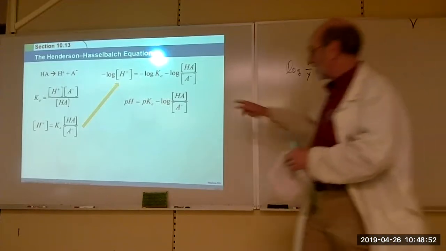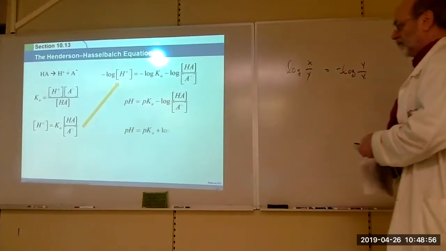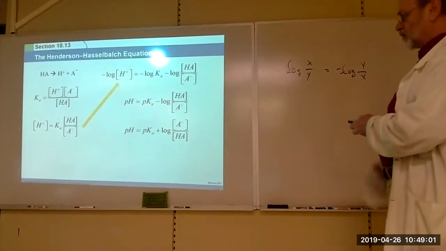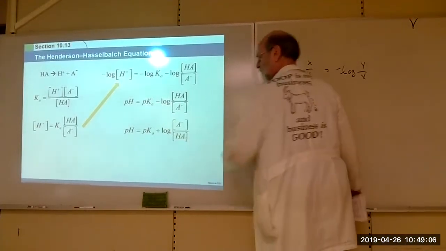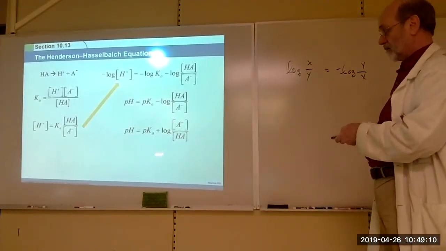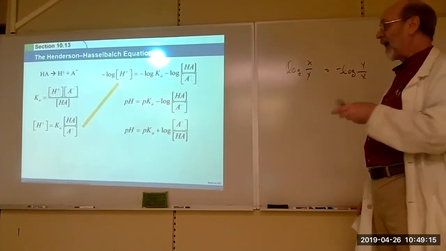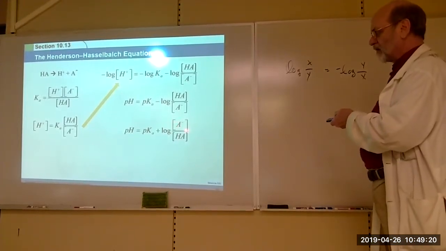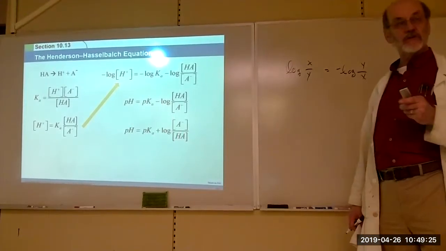So we're just going to flip these, and that changes this to a positive sign. That's all I did. Just flip the numerator and denominator, and that changed the negative sign to a positive. This is the Henderson-Hasselbalch equation. So if you know the pKa of your weak acid, and you know the ratio of the strong base to its weak acid concentration, then you can calculate the pH of your solution.